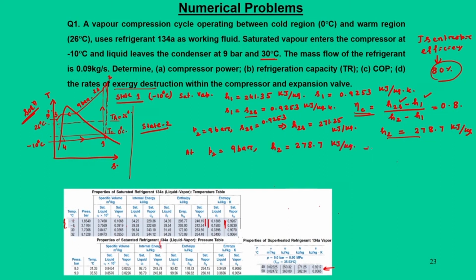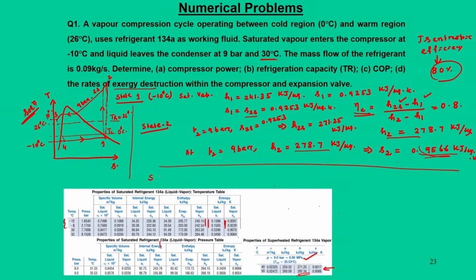So, this will give you S 2 is equal to 0.9566. So, that means 9 bar close to 278, I have just taken 282. So, I can say the close value will be 0.9566 kilojoule per kg Kelvin. So, we know state 2.